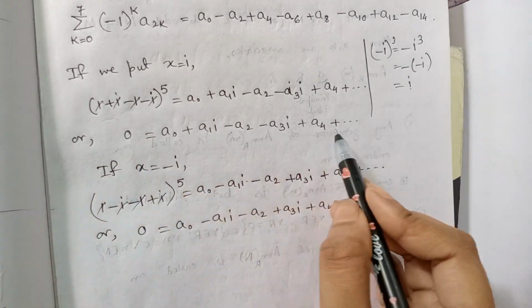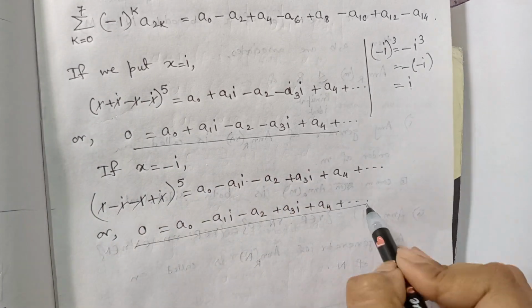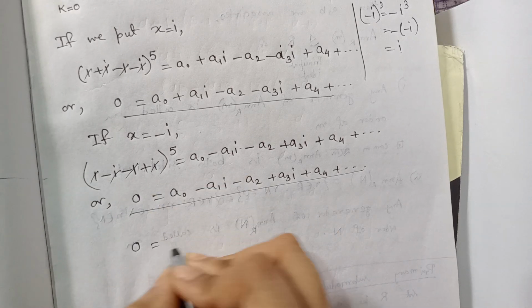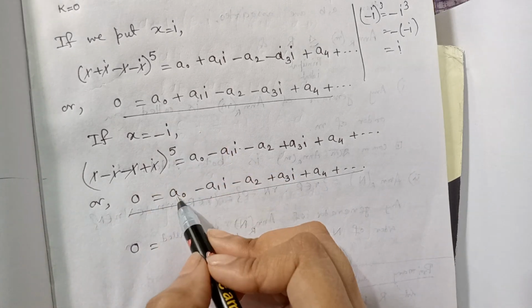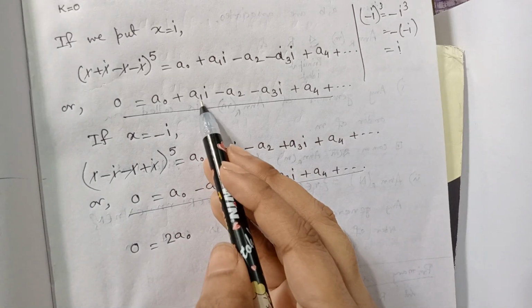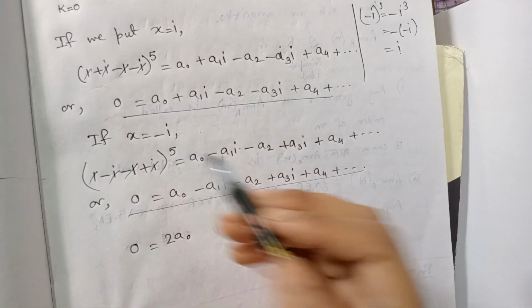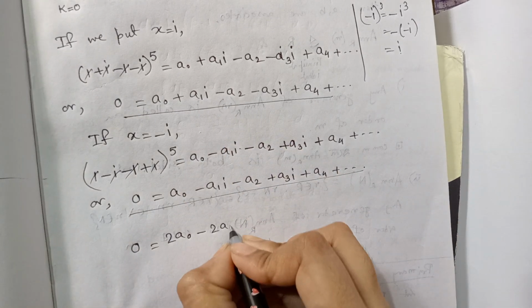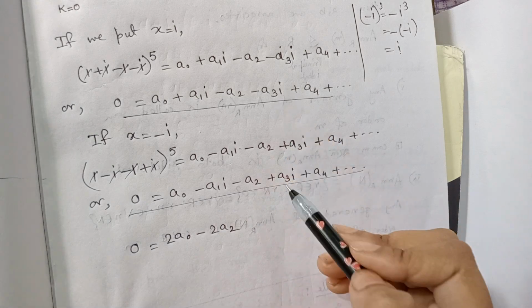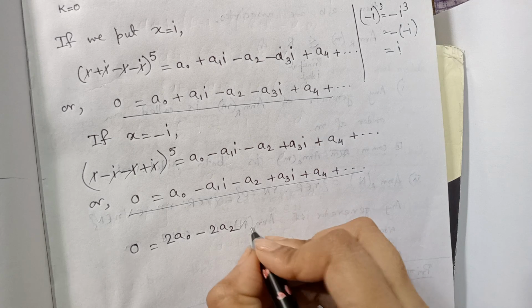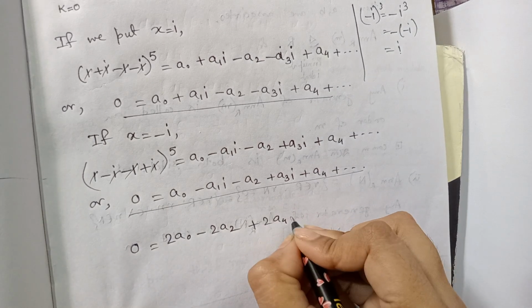Now if we add these two series, this one and this one, then what we will get? Left side part is 0 and the right side part is 2a0, plus a1 i minus a1 i cancel, a2 minus a2, so minus 2a2, a3 i plus minus cancel again, plus 2a4, and in this way.